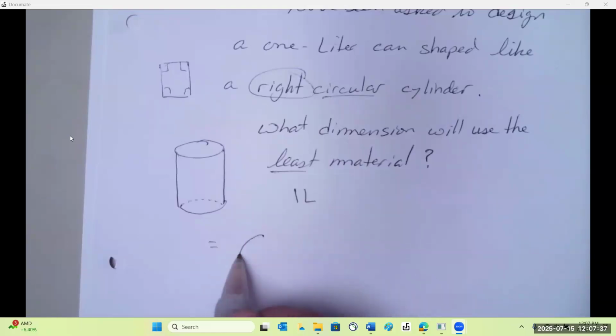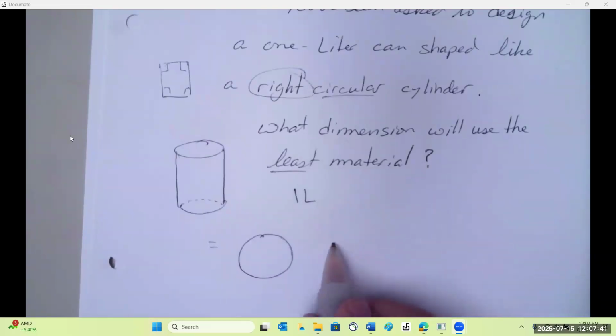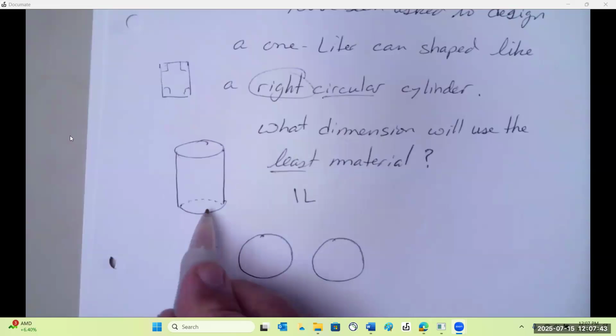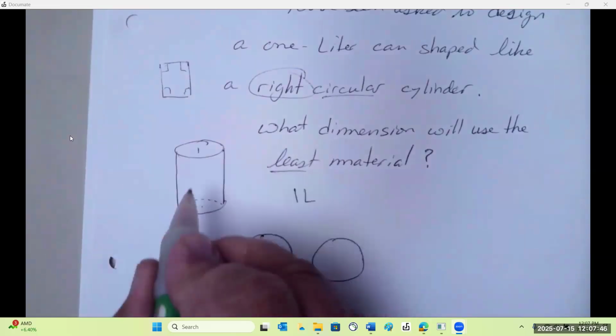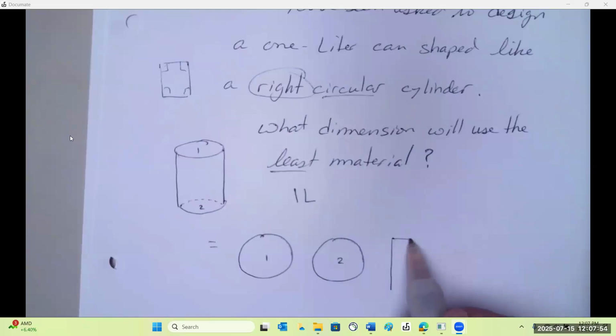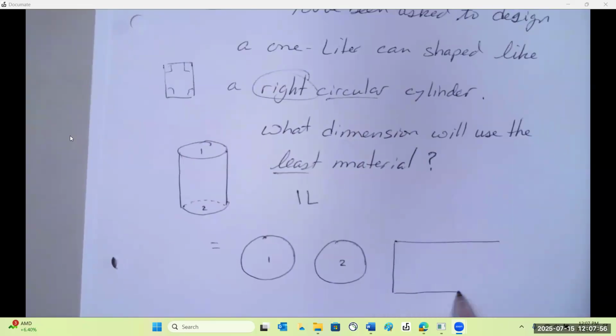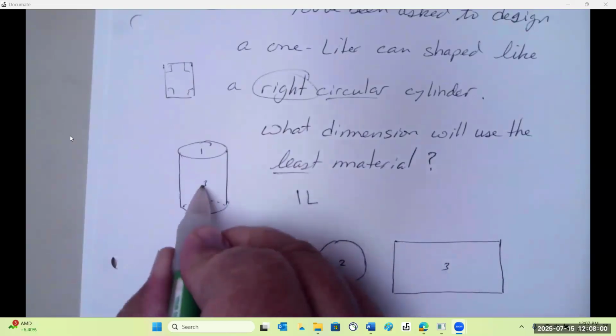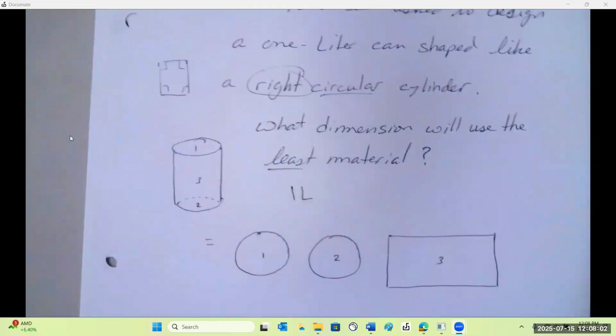There's a top. There's a bottom. This is 1. This is 2. And then there's what? Then there's the can itself.